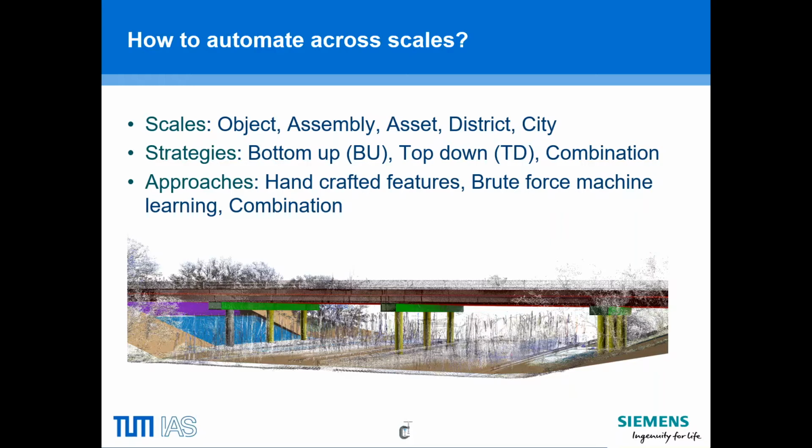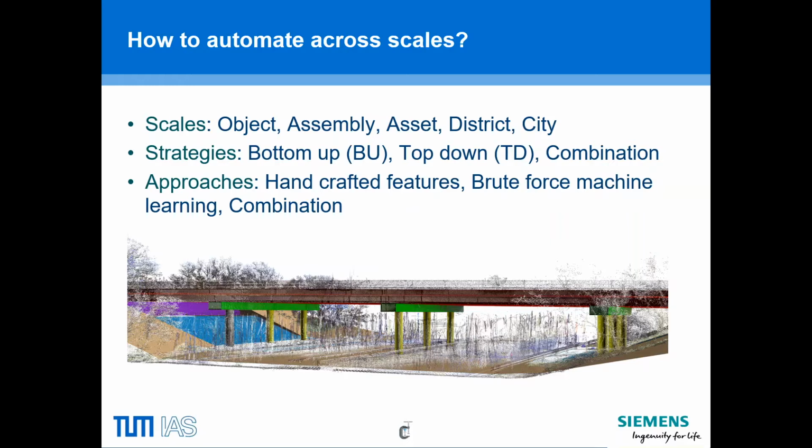The other is a top-down process. I have an asset and I start hierarchically segmenting it from a building to floors to rooms to walls, slabs and so on until I get to my desired level of detail. And the last option is a combination. I can actually try both at the same time and meet somewhere in the middle.